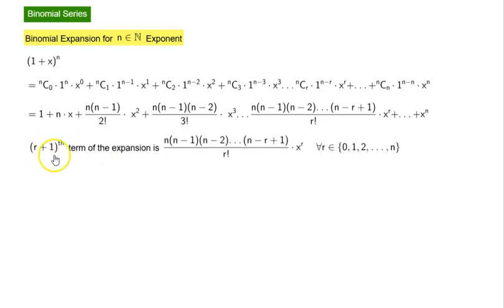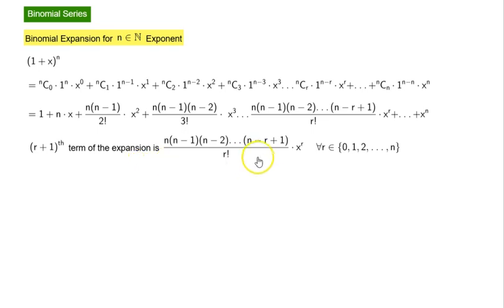So here the (r+1)th term of the expansion is n times (n minus 1) times (n minus 2) up to (n minus r plus 1), divided by r factorial, times x to the power of r, for all r in 0, 1 to n.